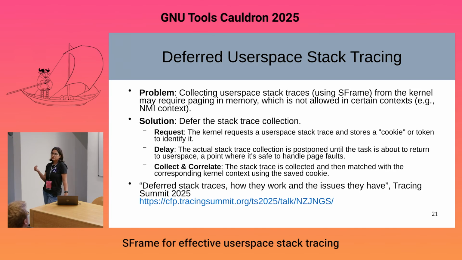Now, as soon as you shift from anything FP-based to something like SFrame, where SFrame data is actually in user space memory, if the kernel is asked to stack trace a user application, it cannot just go and read the SFrame section, which is in user space, because in certain kernel contexts, this can fault. You cannot be accessing user space memory, this may fault.